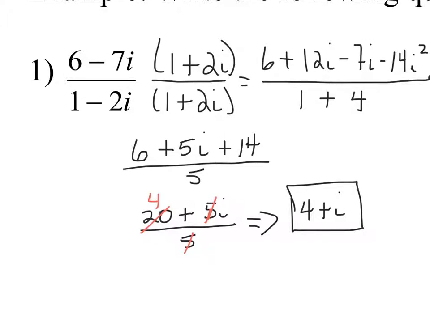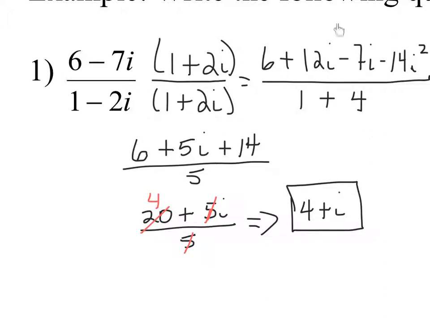All over, and then the conjugate down here. When I multiply this complex number by its conjugate, I'm going to square this value, and then I'm going to add the square of this value. So 1 plus 2 squared is 4, so 1 plus 4.